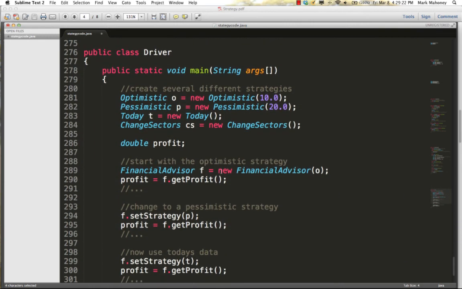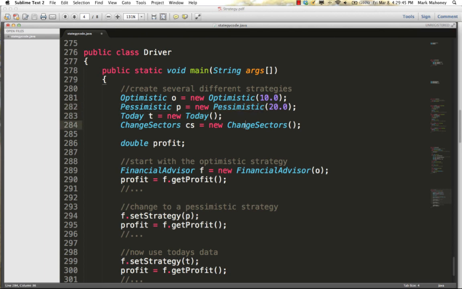Now let's look at a driver that might use this FinancialAdvisor and these different strategies. We can start by creating some different strategy objects. So Optimistic says, what would happen if everything got 10% better than it was? Pessimistic says, let's decrease everything by 20%.